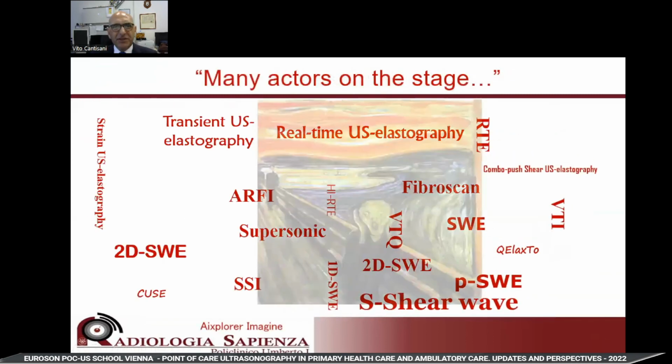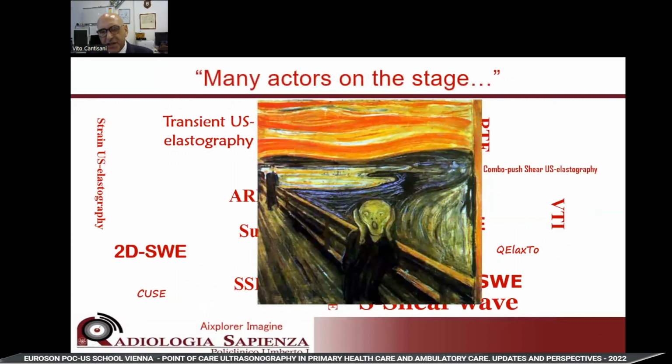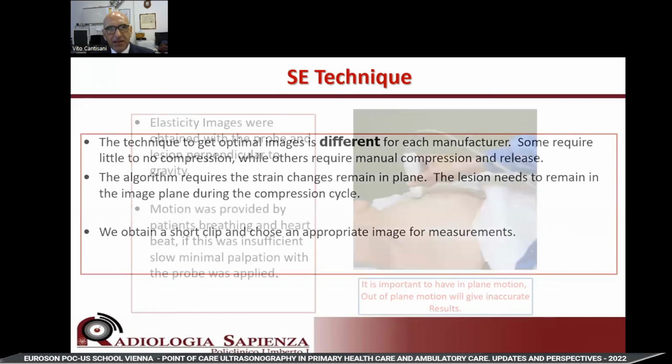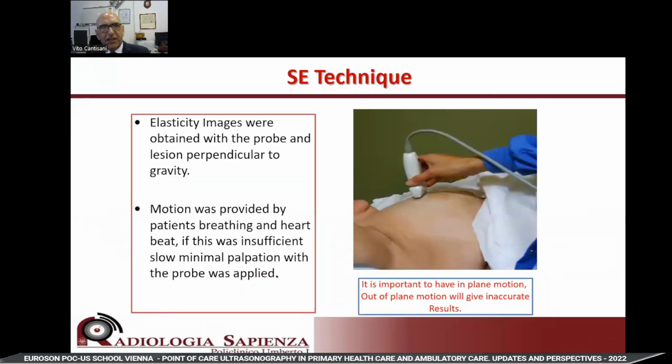So many actors on the stage, and most of us could be really astonished. However, you have to learn from the manufacturer vendors how to use your equipment properly, how to obtain short clips, and then reevaluate in order to obtain the proper measurements.